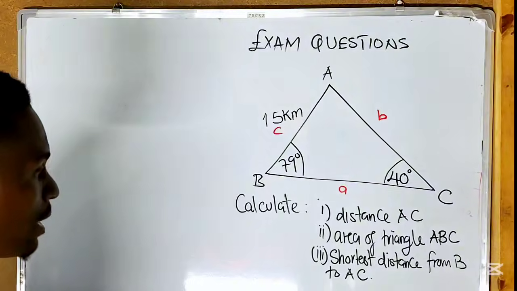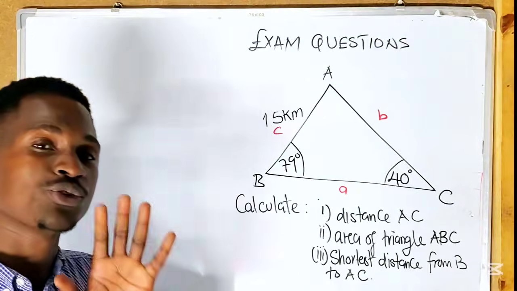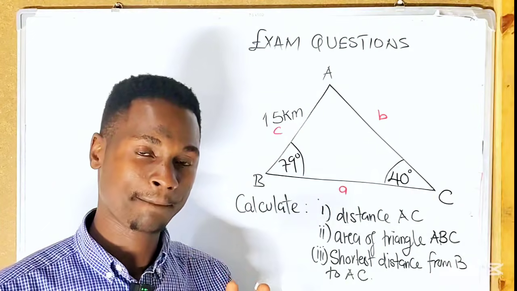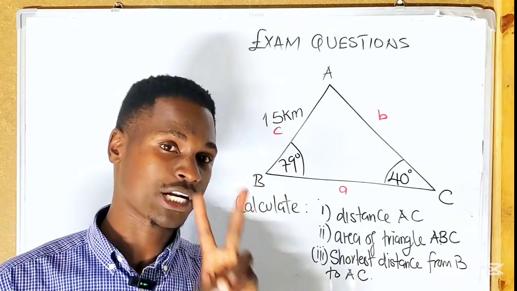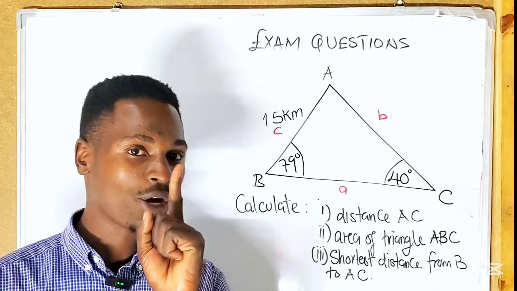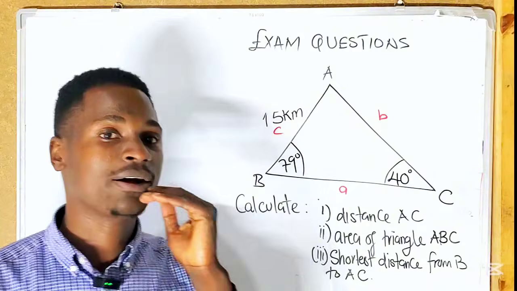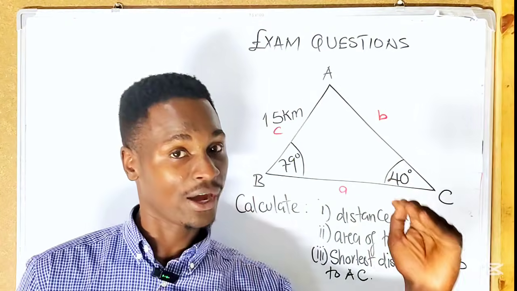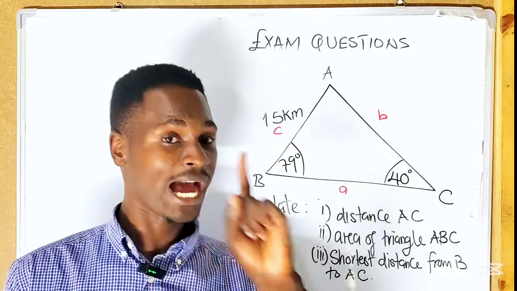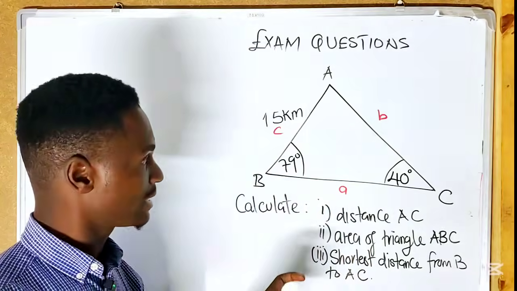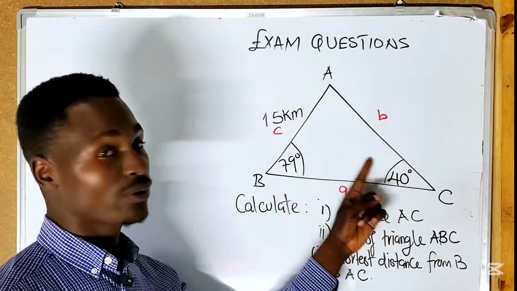Now, since we know that we are supposed to use the sine rule, what are the two ratios you're supposed to use? One of the ratios is where you know an angle and its corresponding side. You're supposed to know the angle and its corresponding side. So this is the ratio we're going to use.